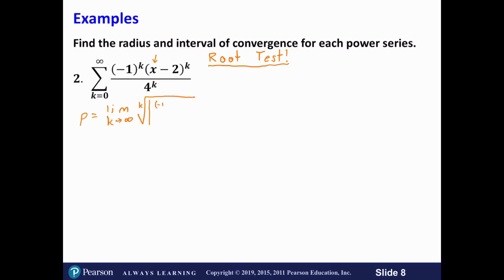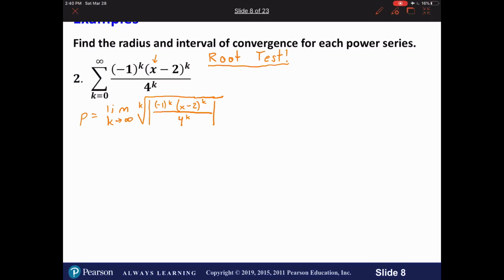So this negative 1 to the k times x minus 2 to the k all over 4 to the k. Close that absolute value. Okay, so the first thing that happens is that the negative 1 to the k just turns into 1, because it's inside of an absolute value.